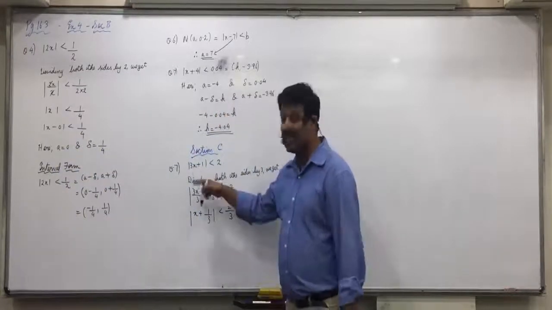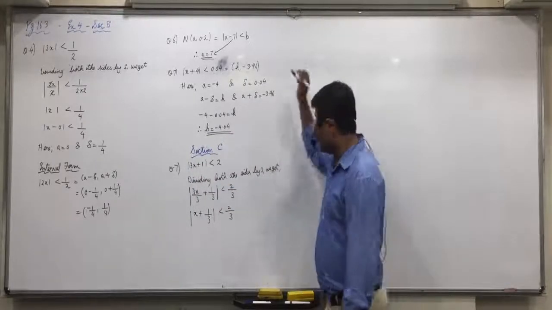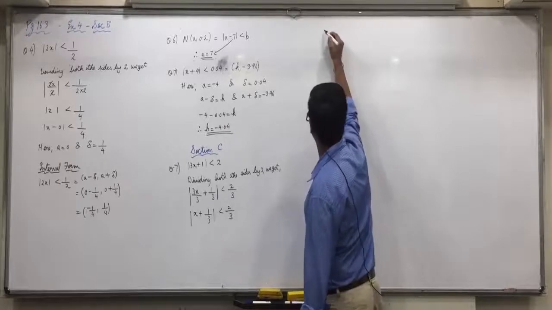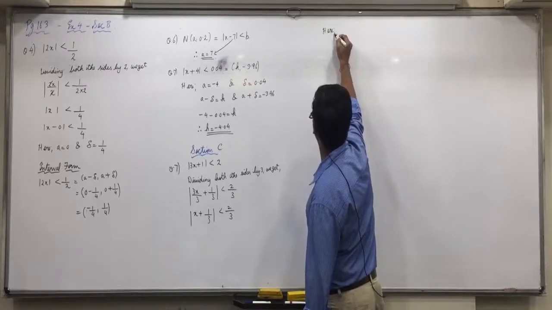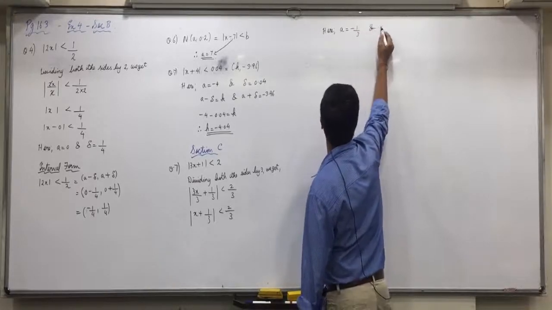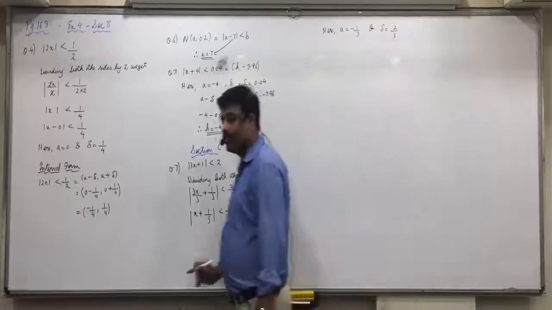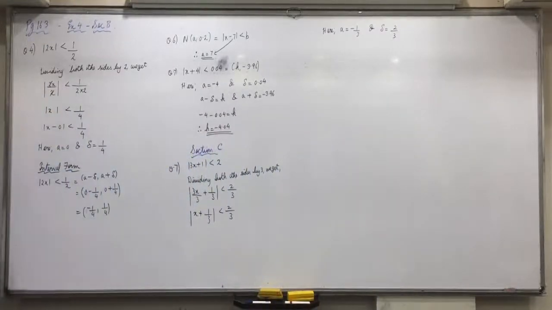And in case x is divided, what would you have done? Multiply all the numbers by that. Okay? So you can say that here, what is a? Minus 1 by 3. And what is delta? 2 by 3.